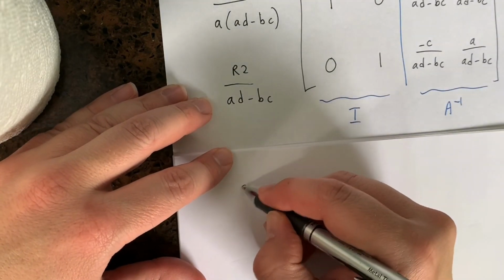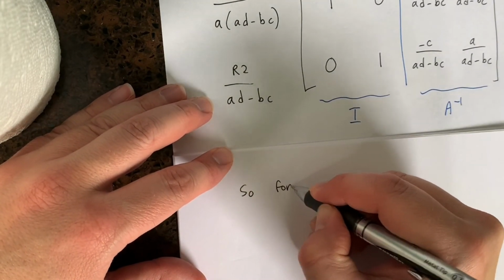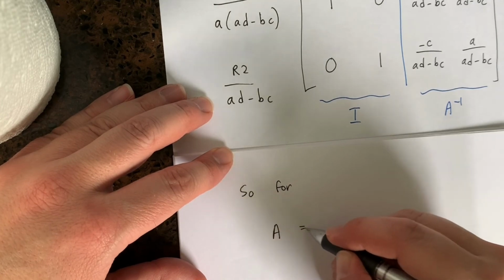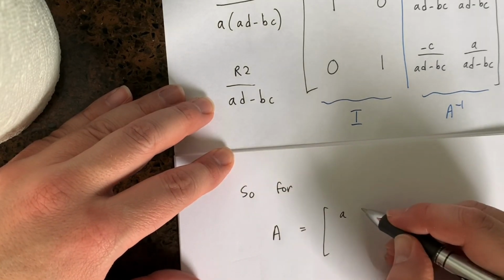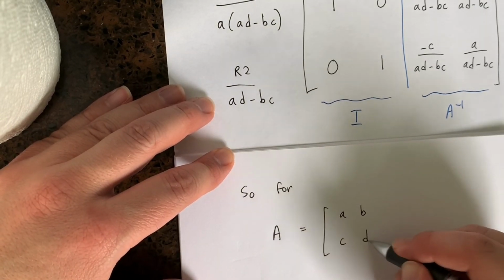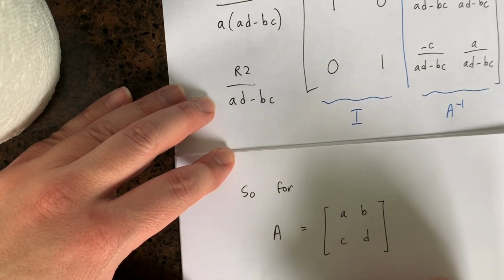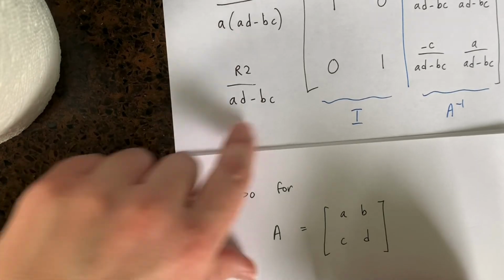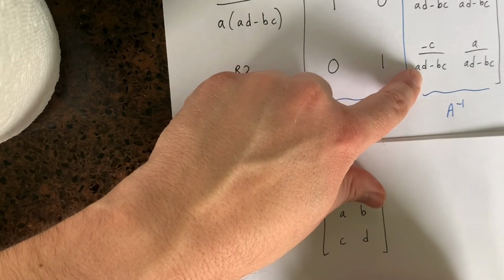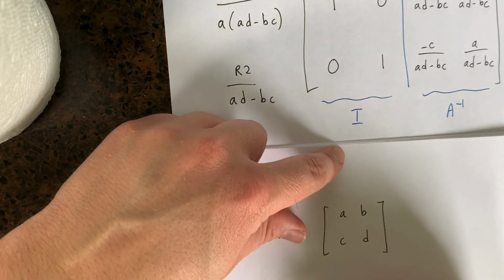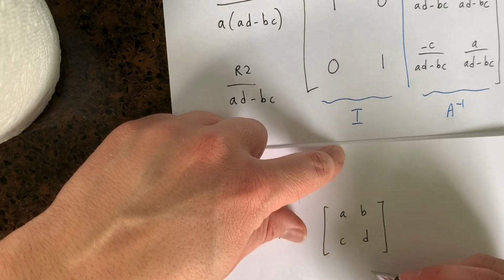So to sum up, for a 2 by 2 matrix A, B, C, D, A inverse equals 1 over this denominator, which is the same in all terms, AD minus BC.